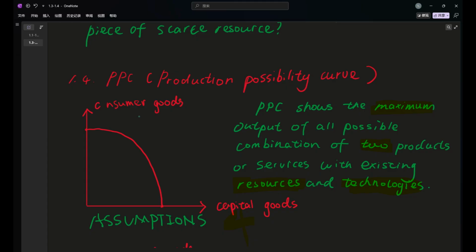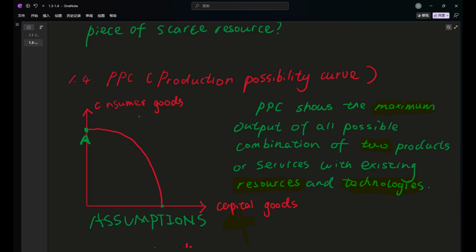Let me choose some random point on this. Like this point, A. So if you can read the graph, you know that at point A, we have a very large amount of consumer goods, but no capital goods. That's scary. It means that you use all your resources to produce consumer goods.